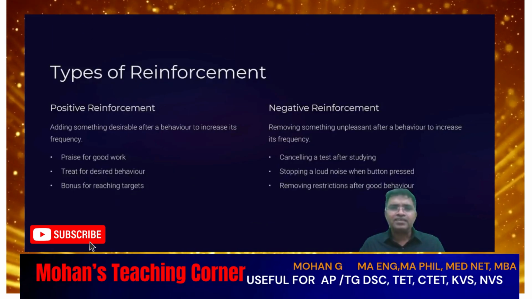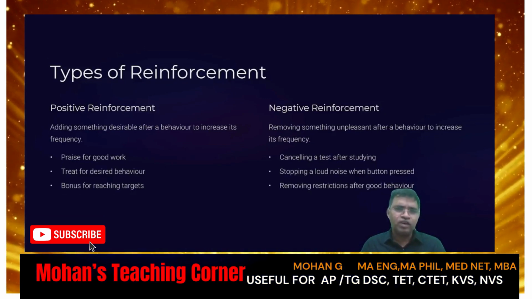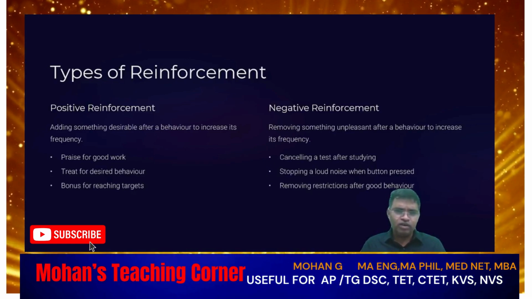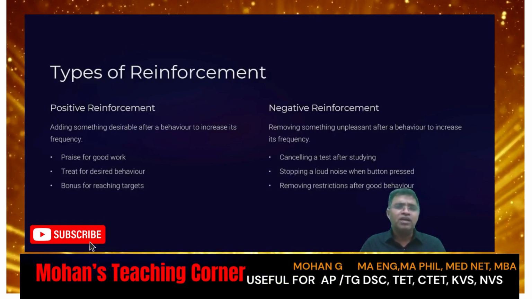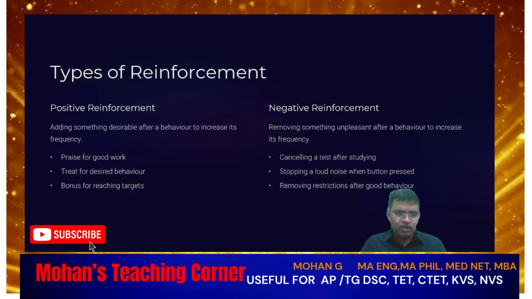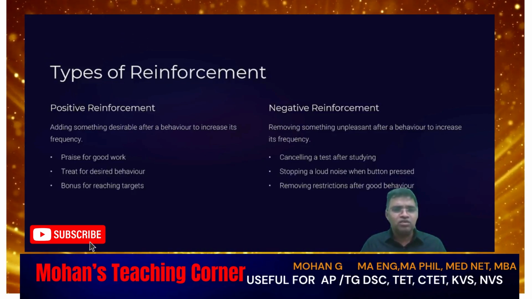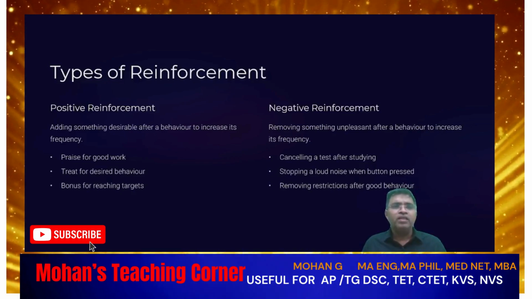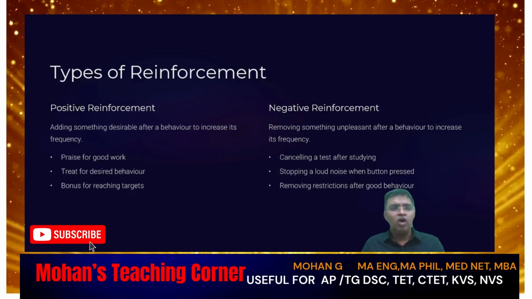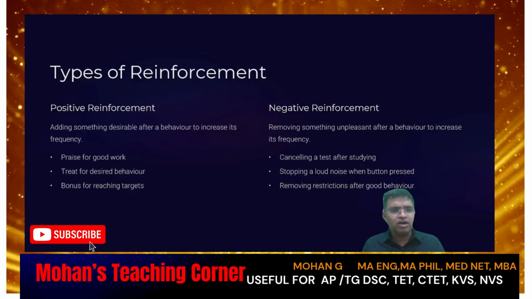Next, types of reinforcement. There are two types: positive reinforcement and negative reinforcement. Positive reinforcement is adding something desirable after behavior to increase its frequency. If the student has done something good, something appreciable, we encourage him by praising the good work: yes, well done, come on, do it.